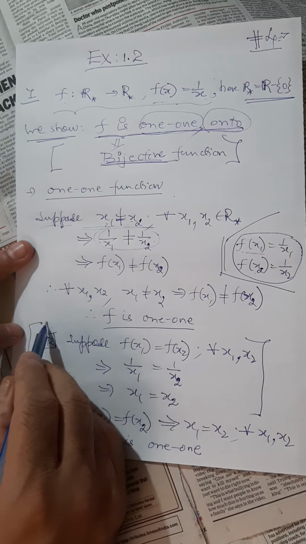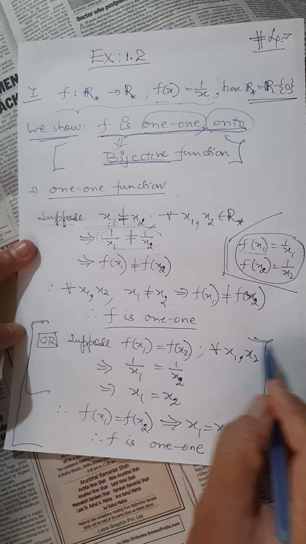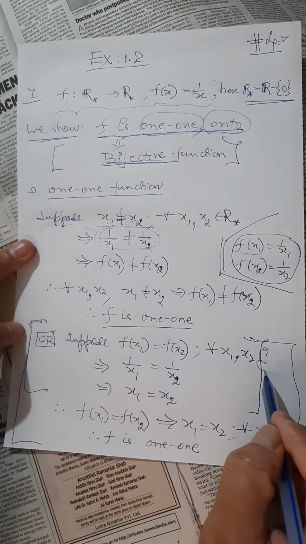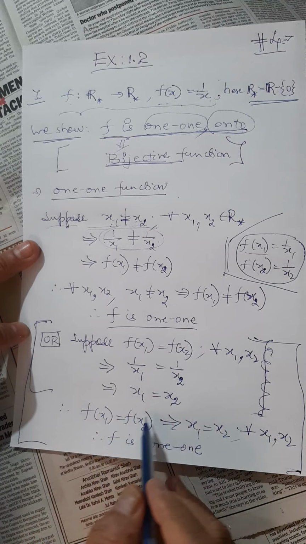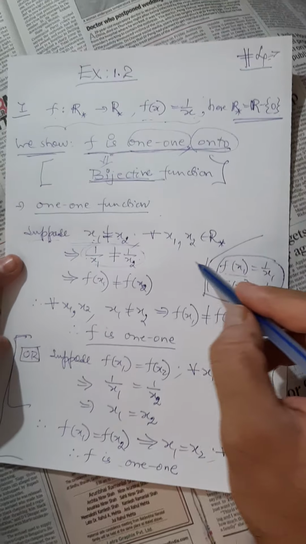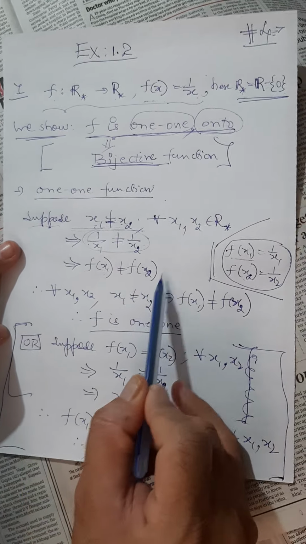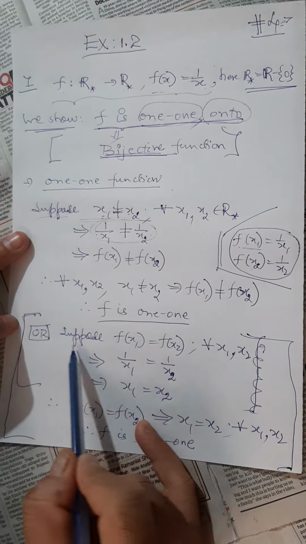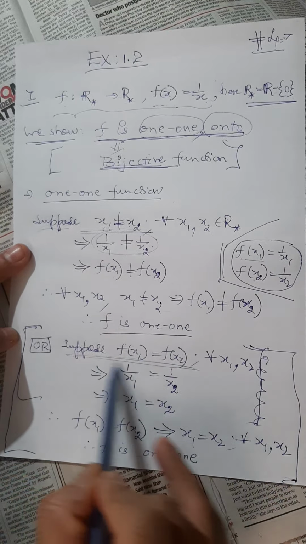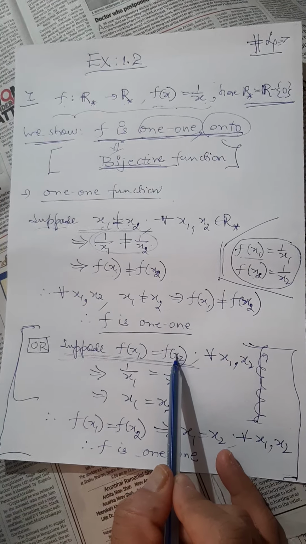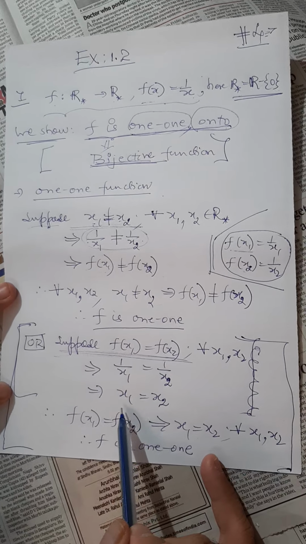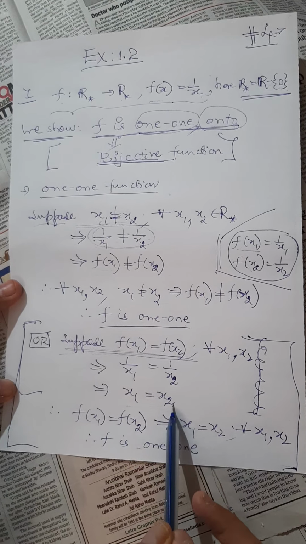So the choice is yours. Whether you use this concept or this concept, both have the same meaning. Remember, here you started with different members and showed that the images are different. There you started with the images being equal and showed that the elements are equal.